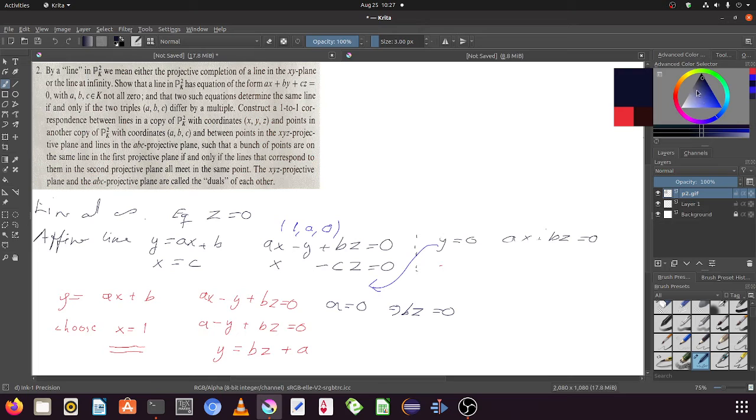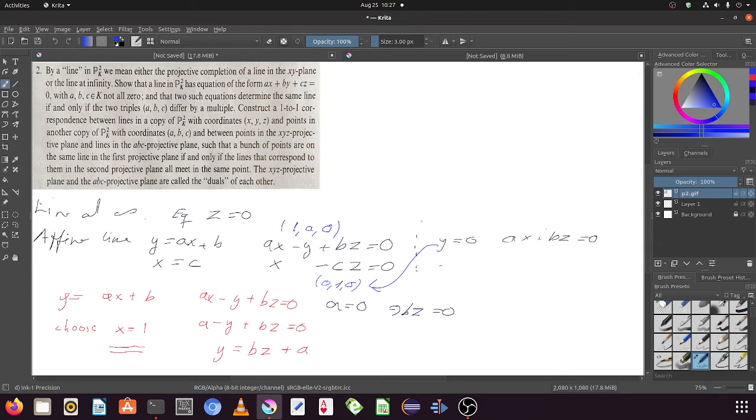Let's make that blue. So it's 0, 1, 0. That's the point at infinity, which of course is up along the y-axis.